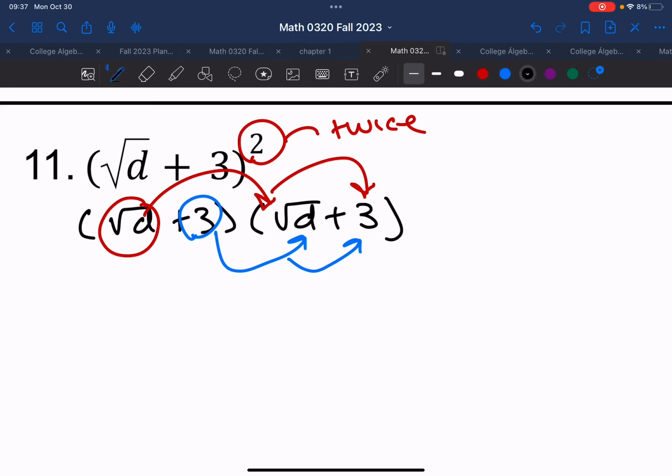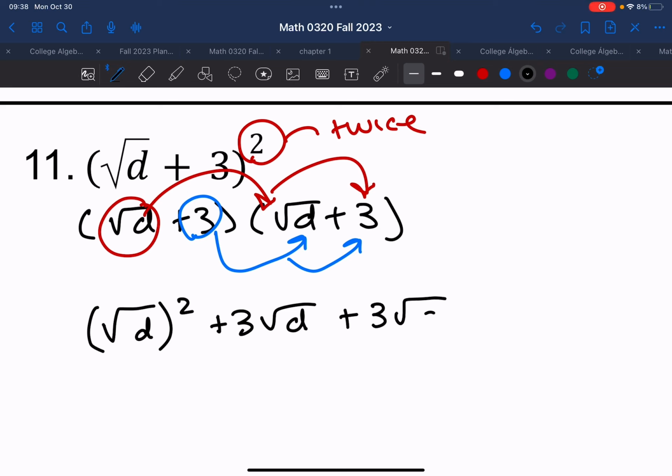So the square root of d times the square root of d is going to be what? The square root of d squared. Good. Square root of d times 3 is going to be 3 square roots of d. Okay, next part in blue. 3 times the square root of d is going to be 3 square roots of d.